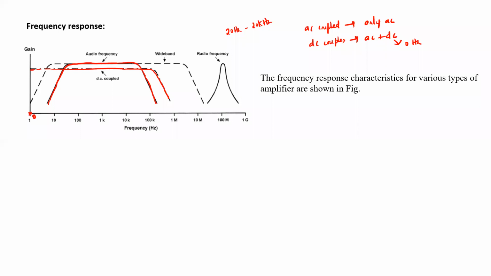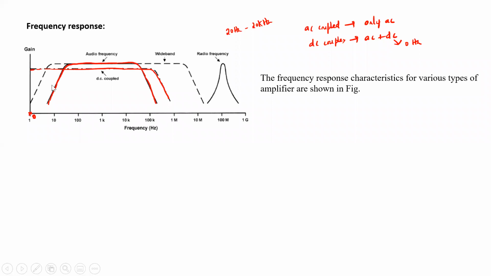Fine. Now, if you go with wideband amplifier, I told you its range is very big. It ranges from 5 hertz or 50 hertz somewhere here, to 10 megahertz. So it's a wide band.